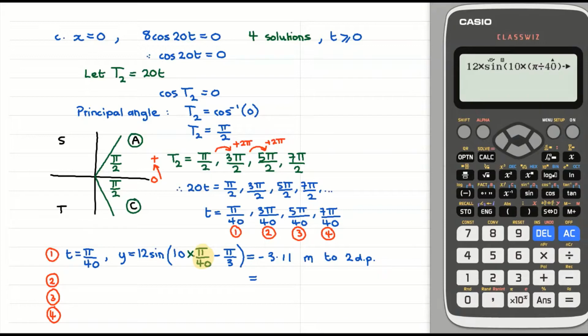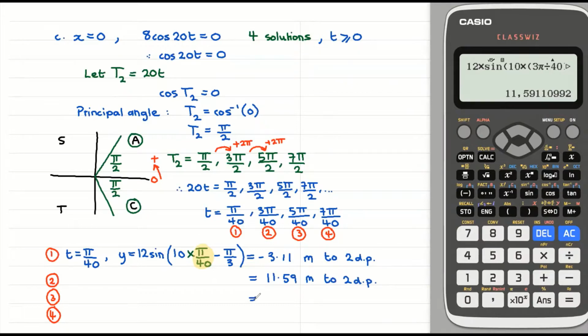Okay, so going back to the calculator, everything is pi over 40, so I just have to put a 3 in there, and let's see how that changes our answer. So change that to a decimal, so we get 11.59. So that's 11.59 to 2 decimal places, and these are meters. Okay.